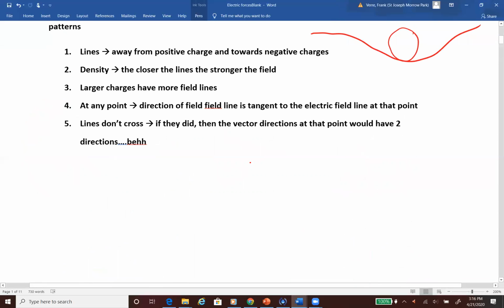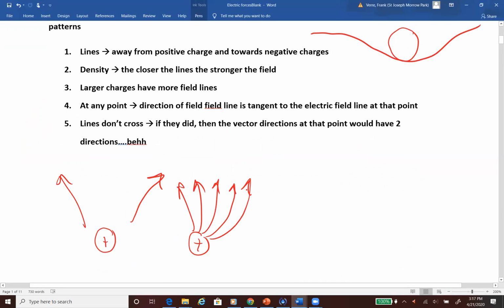The second rule is the density of the lines indicates the strength. If you have an object generating field lines like this versus an object generating field lines like this, the higher density of field lines means that object has a stronger field.